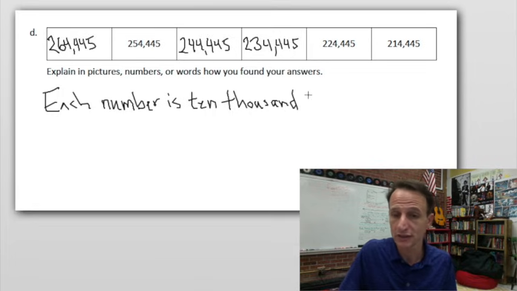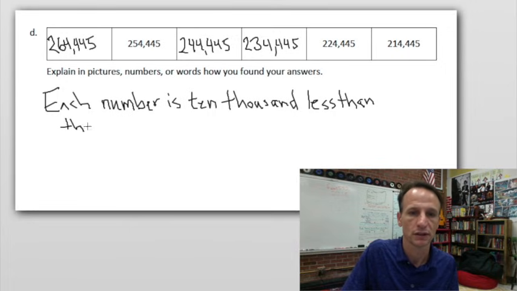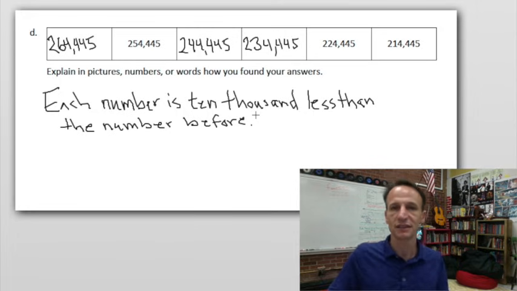And we're going down, so it's less than, right? Less than what? The number before. And then double check, make sure that is right. Is each number 10,000 less than the number before it? Sure is. Beautiful. So 3, A, B, C, D is done.